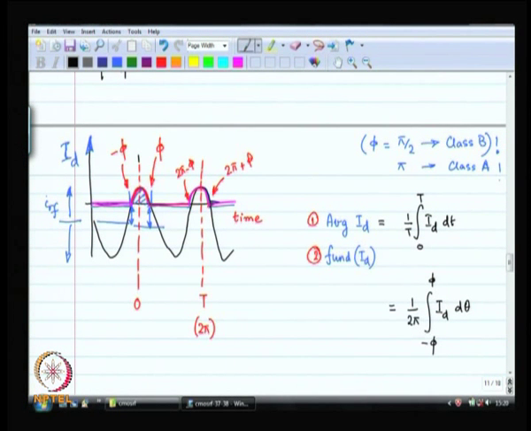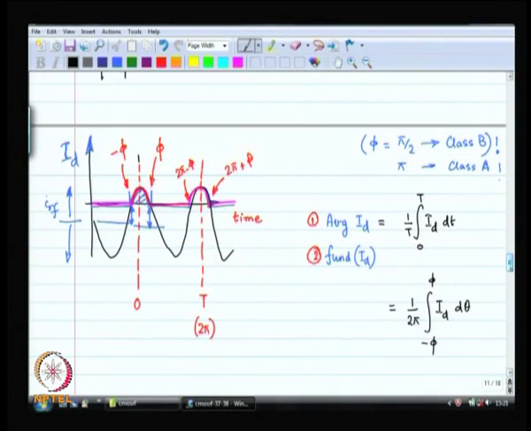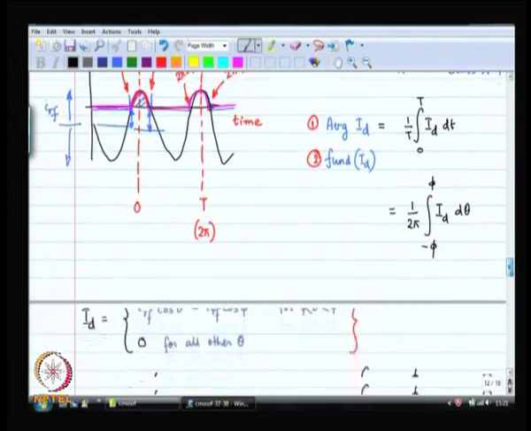The fundamental component can't go through the RF choke, right. It also can't come from the tank, because the tank looks like infinite impedance at the desired frequency. So, therefore, the fundamental component is completely delivered to the load, and therefore, I can figure out what is the power delivered to the load.